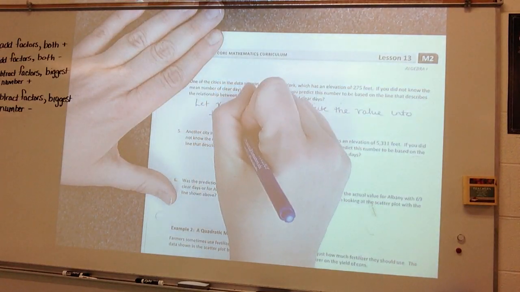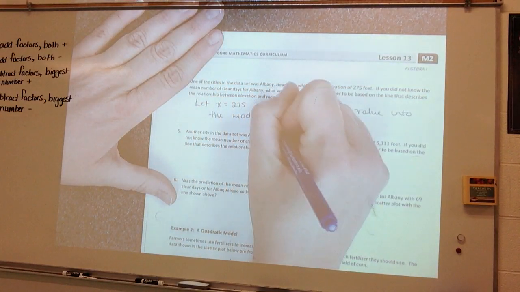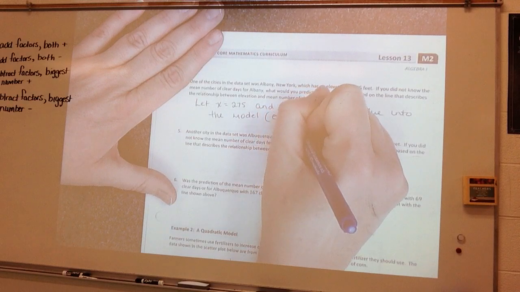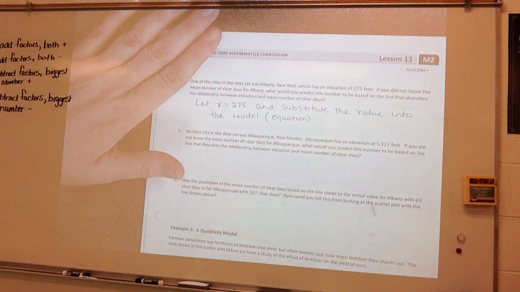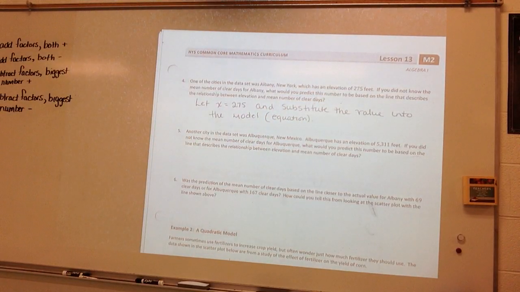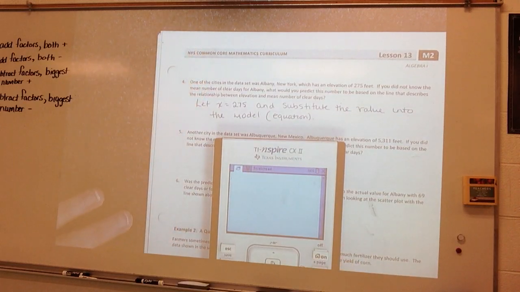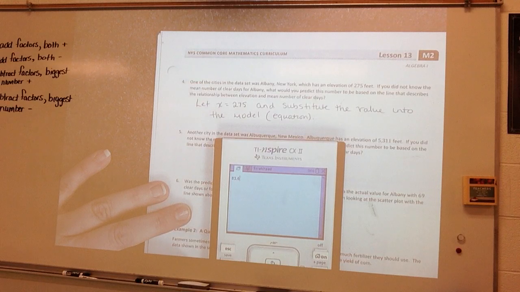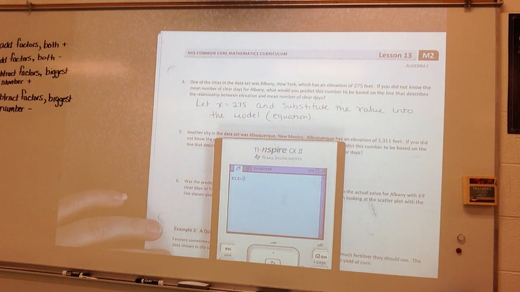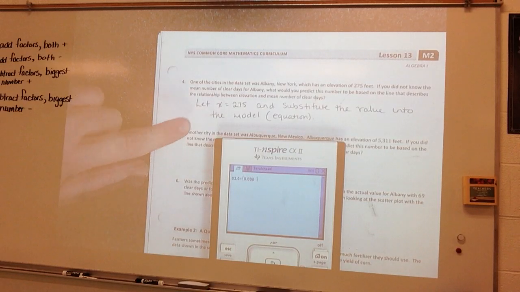All right, remember the model in this case would be our equation. So when I do that, our equation was 83 6/10 plus 0.008 times 275.